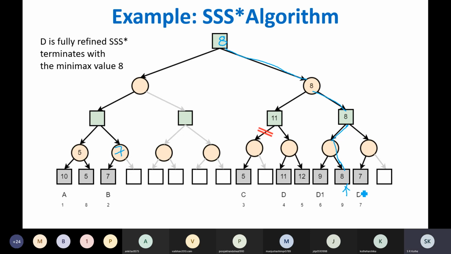SSS star algorithm is guided by estimates of partial clusters, and always we were looking for the best looking cluster. It is an improvement over the alpha beta cutoff algorithm, which was uninformed, and here we have found that it has inspected fewer nodes as compared to the alpha beta cutoff algorithm.